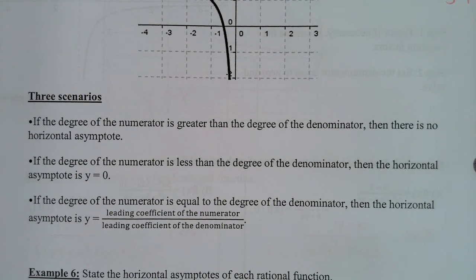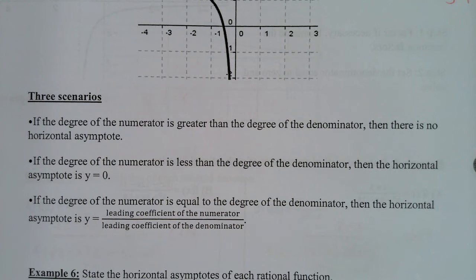So here are the 3 scenarios. If the degree of the numerator is greater than the degree of the denominator, then there is no horizontal asymptote. That's the first scenario. The second scenario, if the degree of the numerator is less than the degree of the denominator, then the horizontal asymptote is y equals 0.